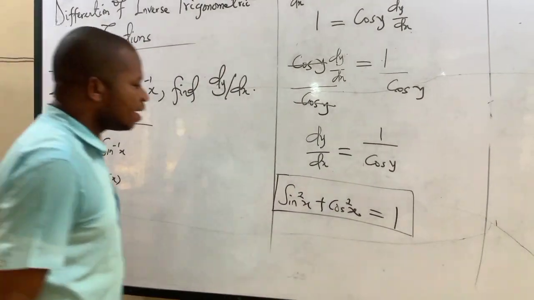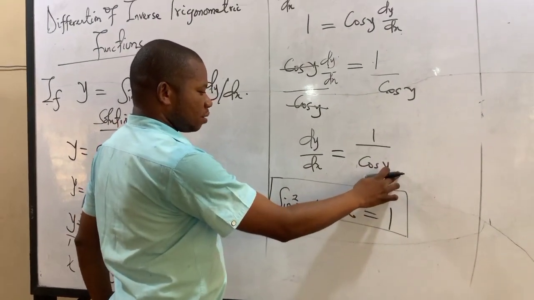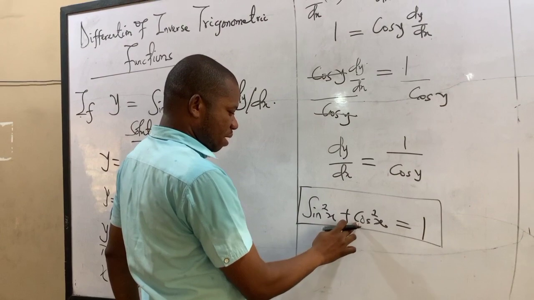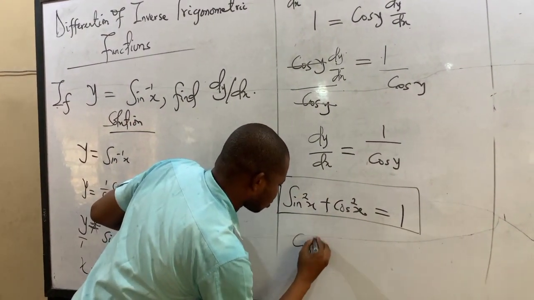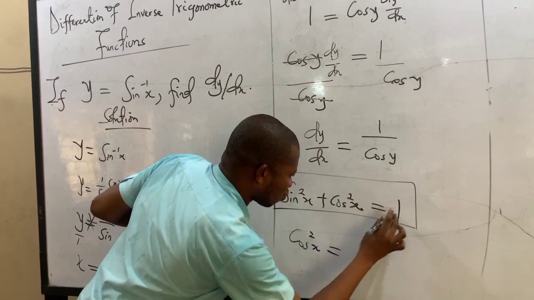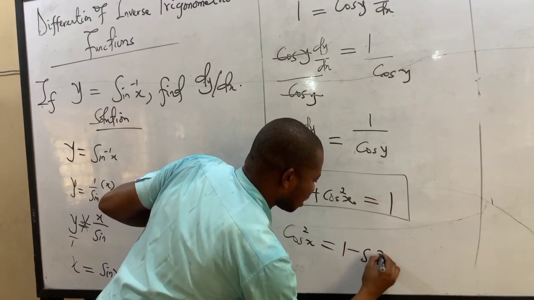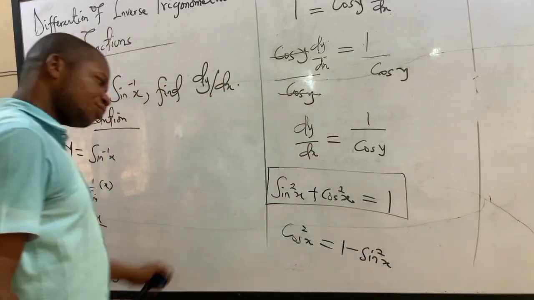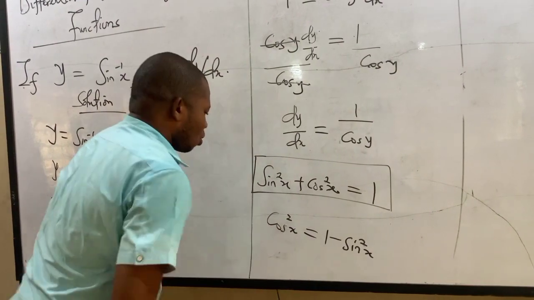If I make cos the subject of formula, cos square x is equal to 1 minus sine square x.